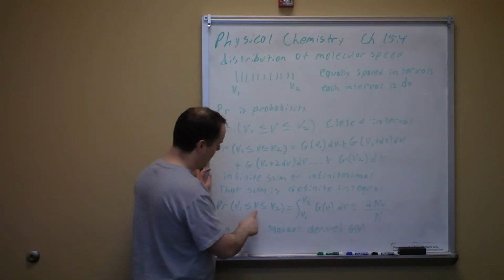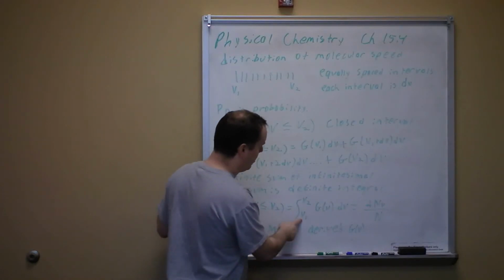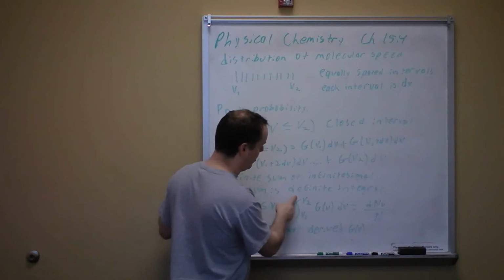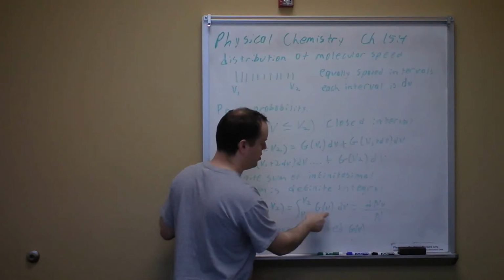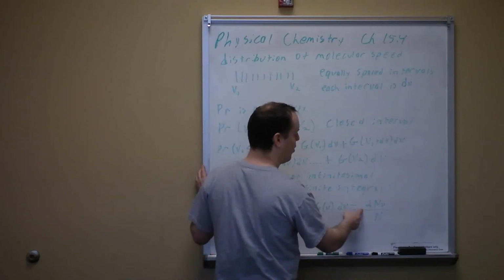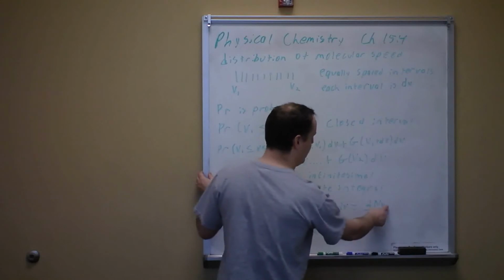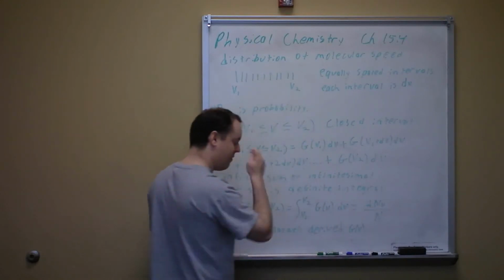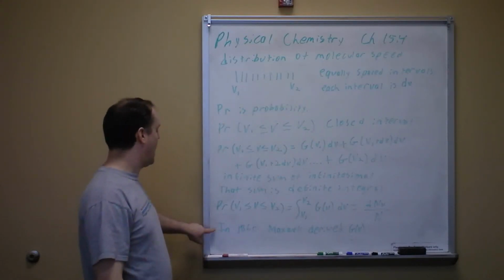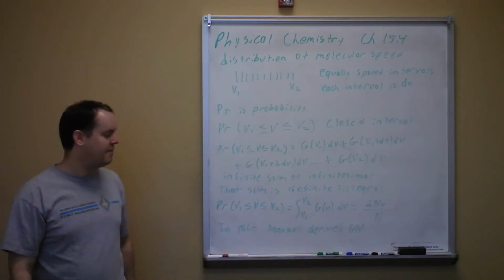So this probability that our molecule is between speed 1 and speed 2 is going to be the integral from speed 1 to speed 2 of this function g of v with respect to v. And that's going to equal that ratio we're trying to find, the differential of the number of molecules of speed v divided by the total number of molecules. And it was 1860 that Maxwell first derived this function, capital G of v.